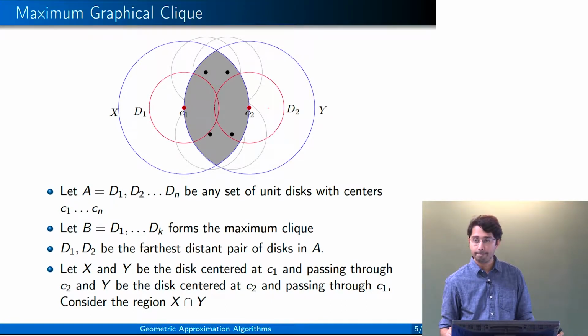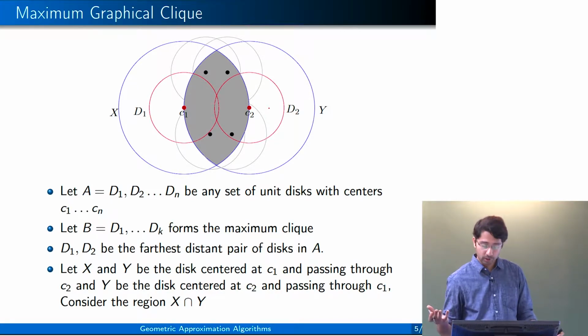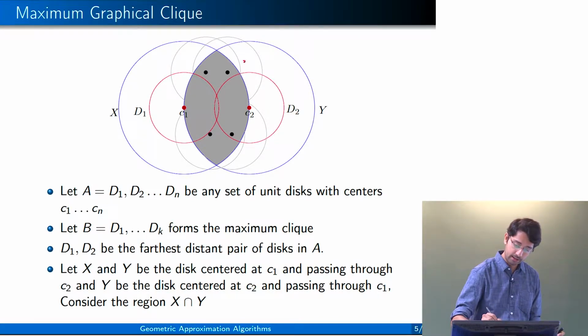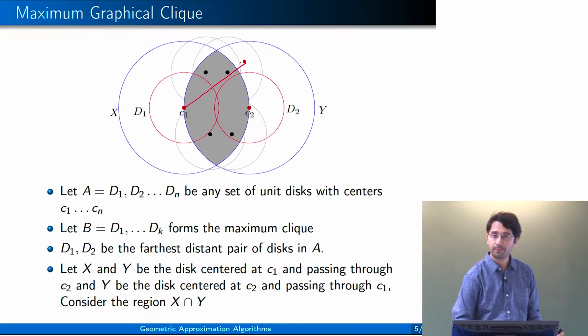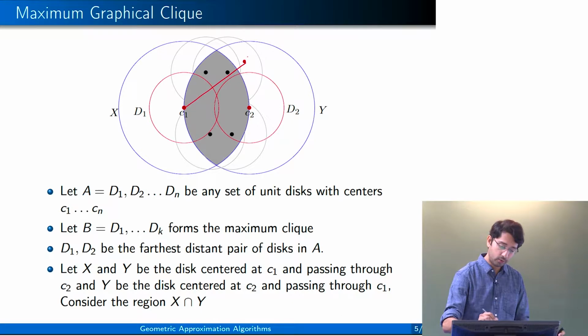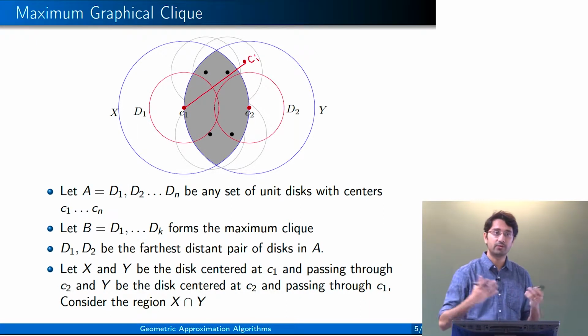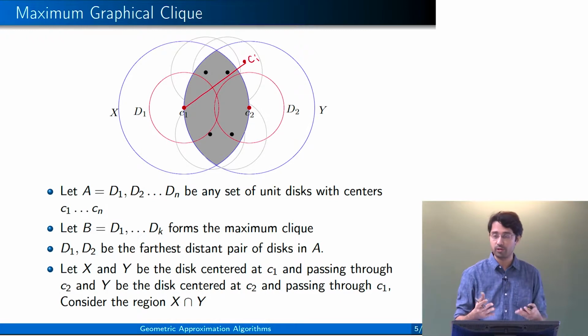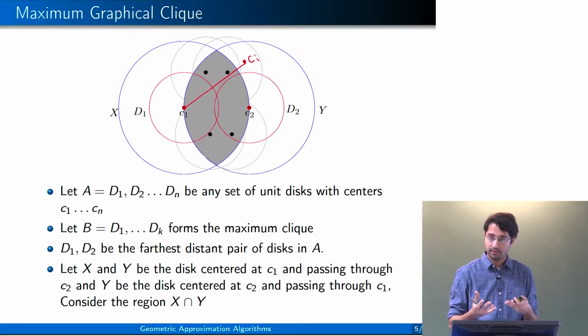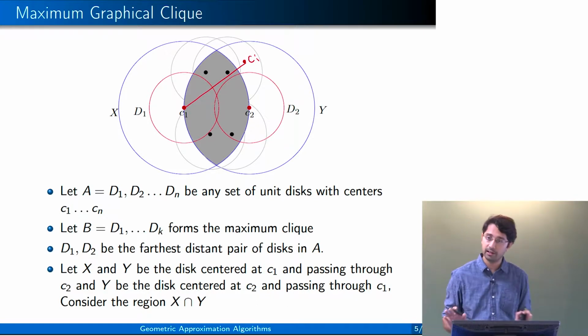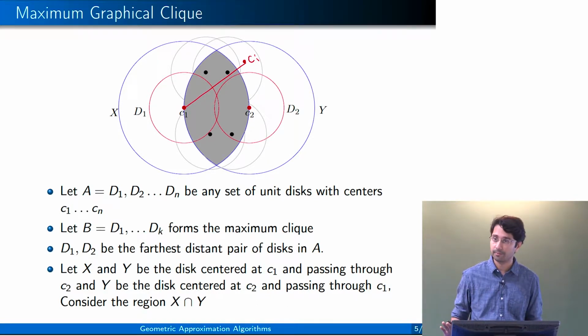Why? Because suppose there is a center Ci outside; then C1 with Ci would be the furthest pair, not C1, C2, as C1, C2 is the furthest pair of disks among the disks which form the clique. So, everything that forms the clique has to be in the intersection of these two disks.